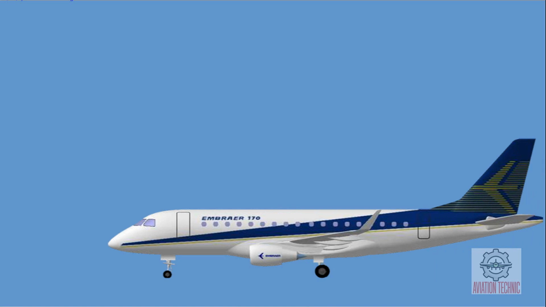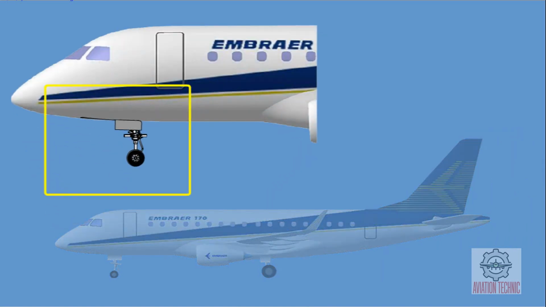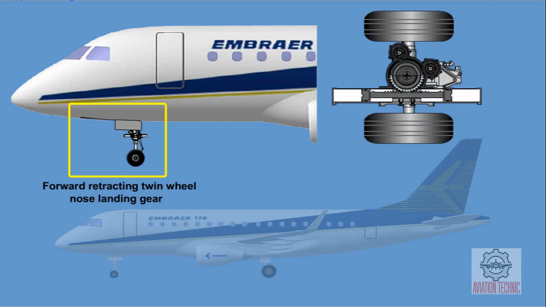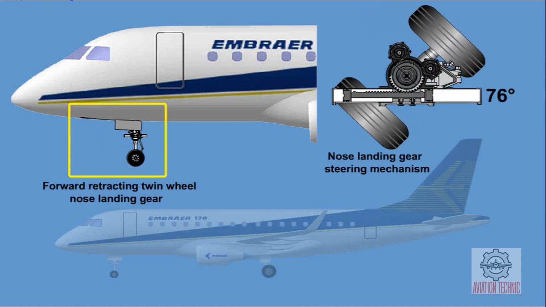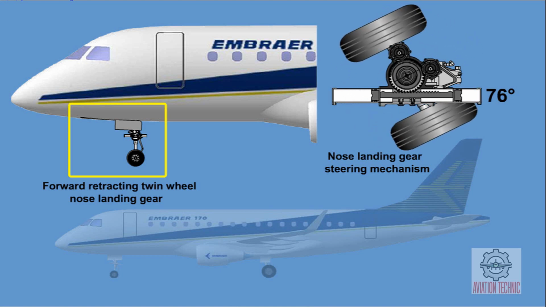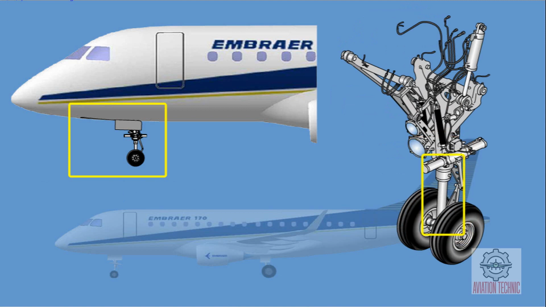The Embraer 170 has a forward retracting twin-wheel nose landing gear. The nose landing gear has a normal steering angle of up to 76 degrees either way. The shock absorbers are of oleo-pneumatic type.